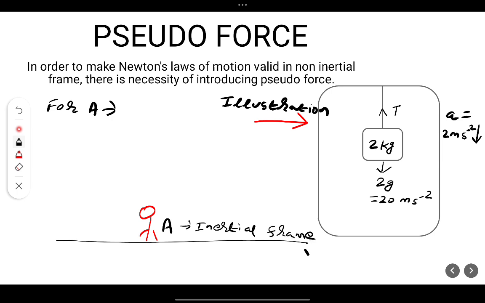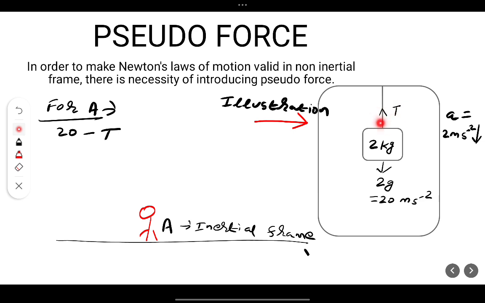For him, how will you make the force equation? See here, how will you use Newton's second law. Since this block is going down with acceleration 2 meter per second square, his force equation will be 2g, that is 20, minus T. Tension is in the upward direction, you can clearly see here.